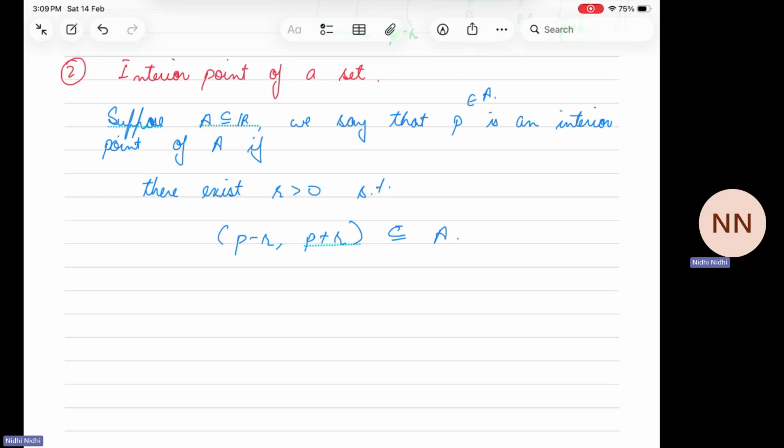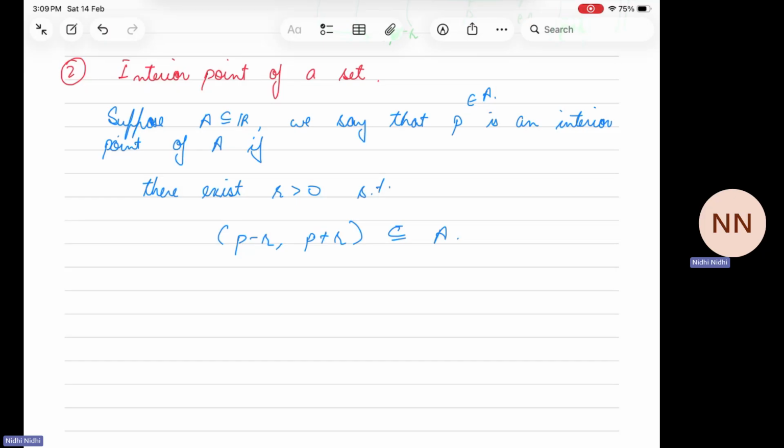So, a limit point of a set A need not be in the set A, but an interior point must be an element of the set.